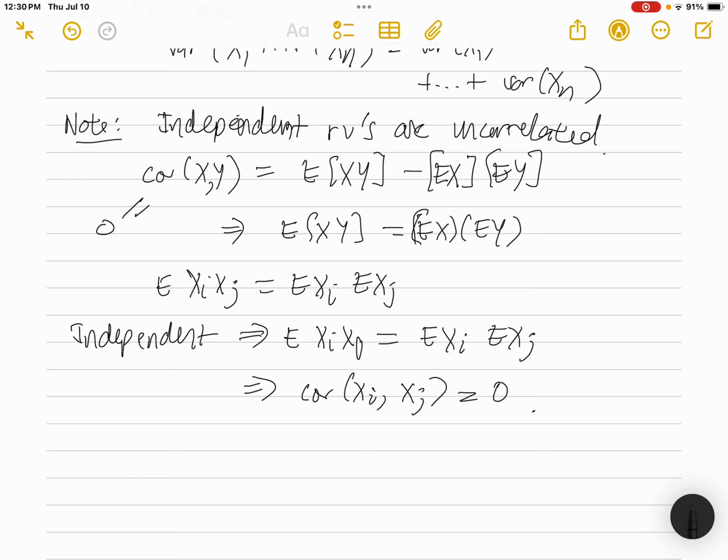Now we know that if you have uncorrelated random variables, then the sum of the variances is equal to the variance of the sum.